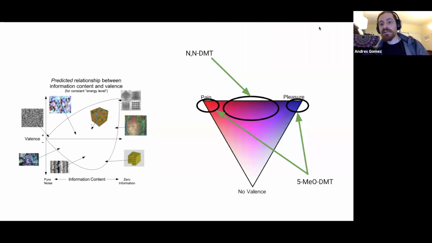And interestingly, the reports do come out that on 5-MeO DMT you may have the best experience of your life, or you may have the worst experience of your life. It's kind of bimodal. It's either amazing or extremely bad.